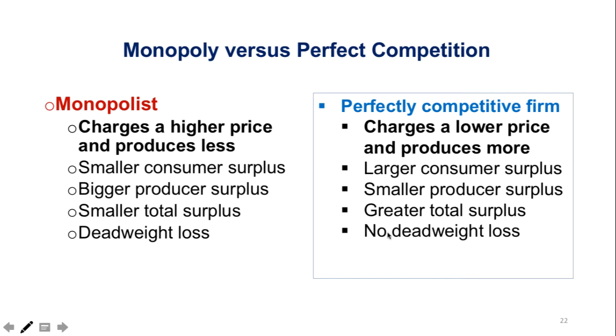There is no deadweight loss in perfect competition, because there is no misallocation of resources, and we use all the resources efficiently.